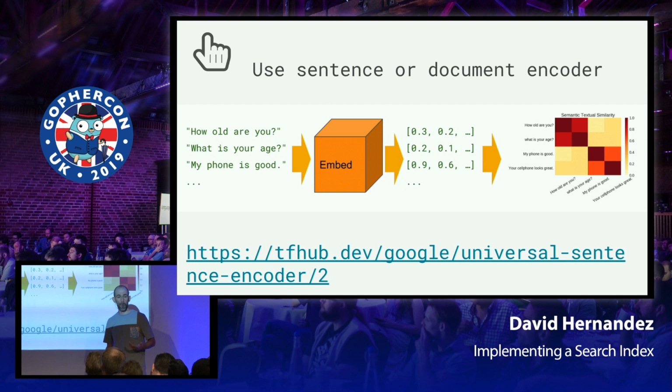It's a TensorFlow model that you give a sentence, and it produces a vector representation of that sentence. If you train your own model, you can apply it to anything. You can give a whole document and try to get a vector representation of that document. And it's a really powerful concept.